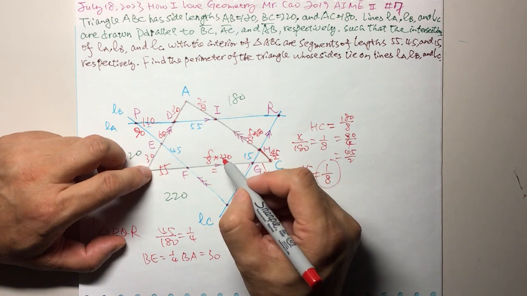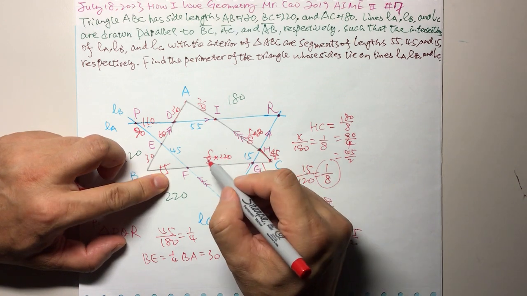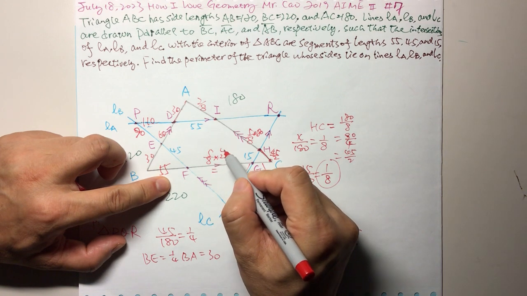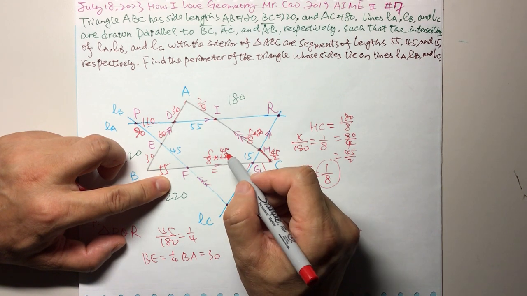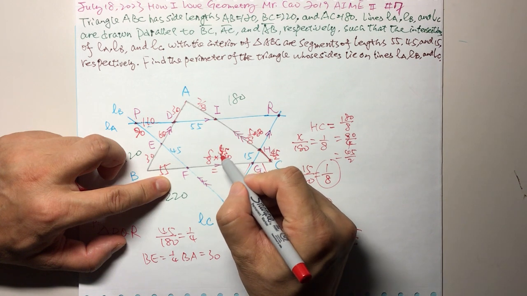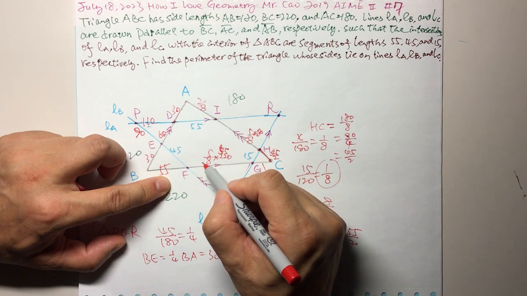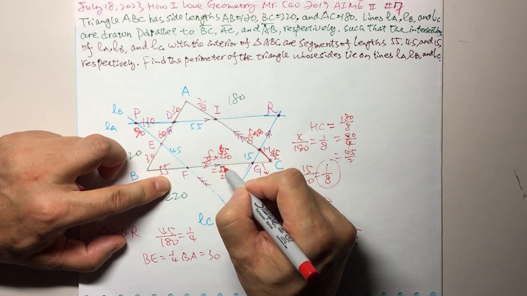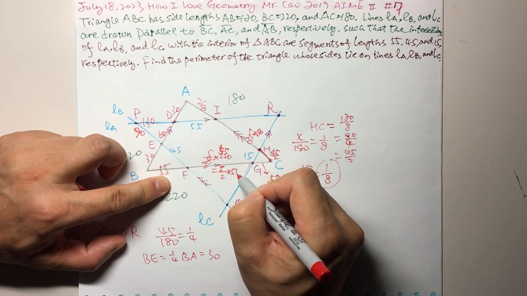So we can do it this way: 220 divided by 4 is 55, so here is 5 halves times 55.